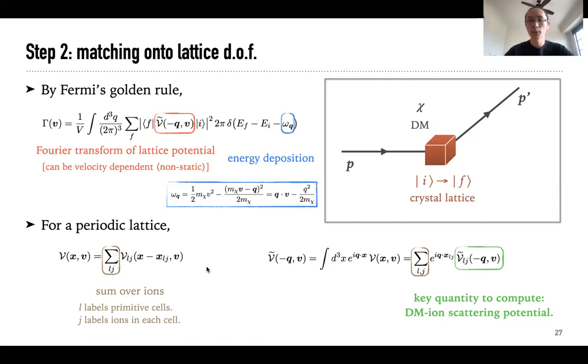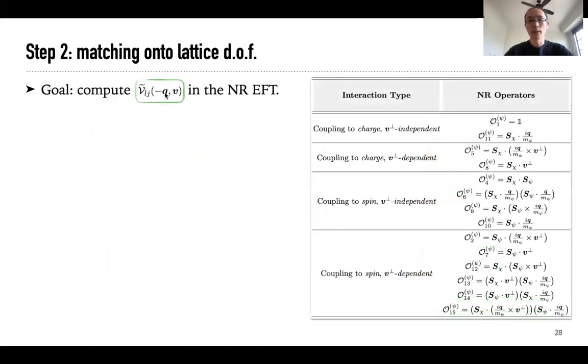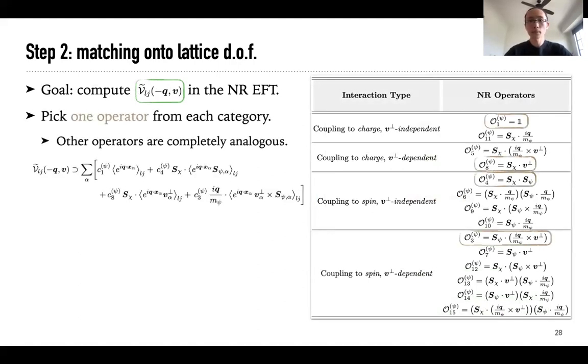So for step 2, we first want to compute this dark matter ion scattering potential, and we want to do this calculation in the non-relativistic EFT, just using these operators without reference to dark matter models. Because the calculation is very similar for the operators in the same category, I'm just going to pick one from each category.